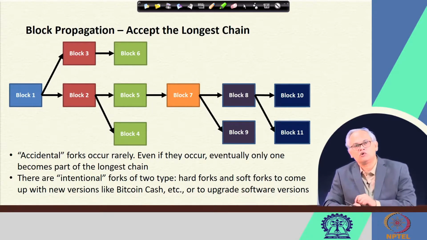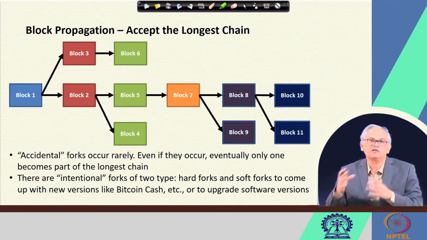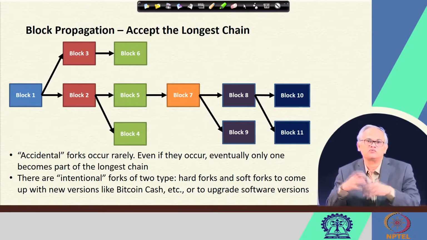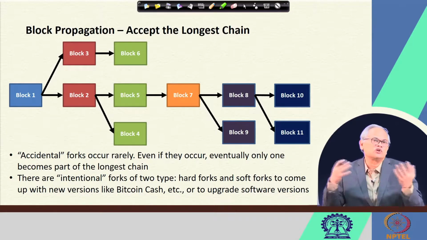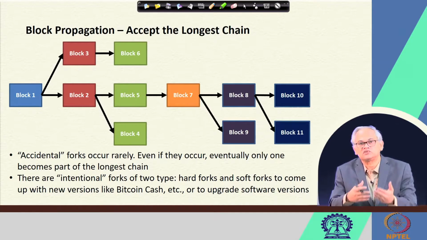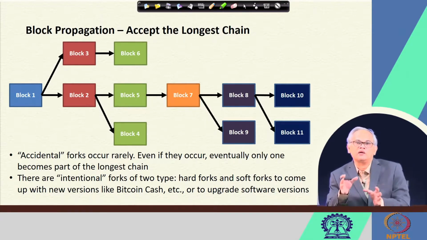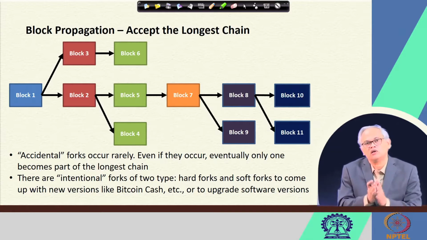But those who got block 2 as the next block after block 1 might start adding block 5. As they are propagating, different nodes will be getting these different blocks from their neighbors in a certain order. So, based on maybe the majority of the neighbors who have sent them a particular block as the next block, they will treat that to be the next block in the blockchain.